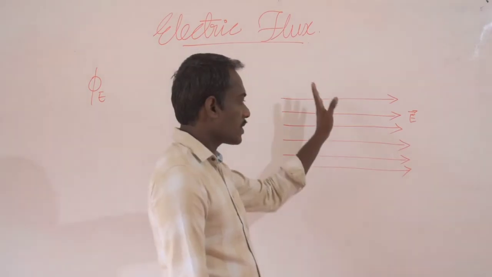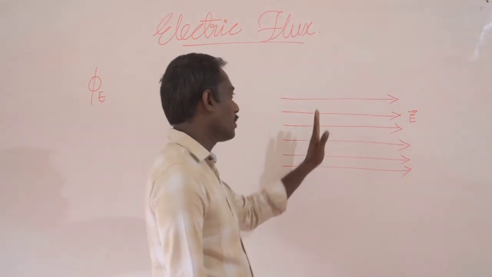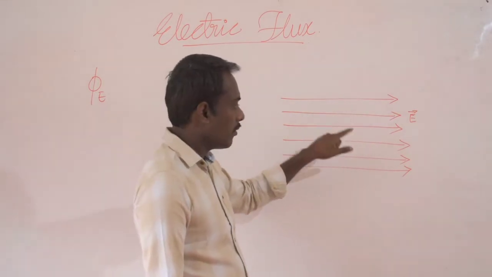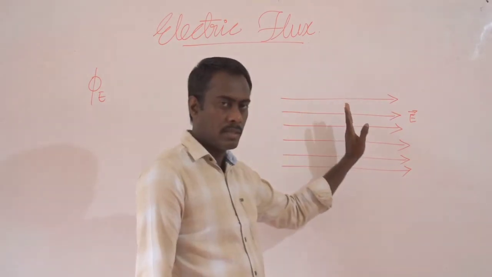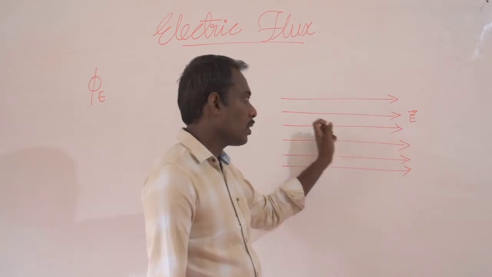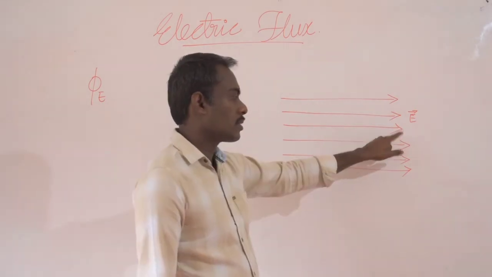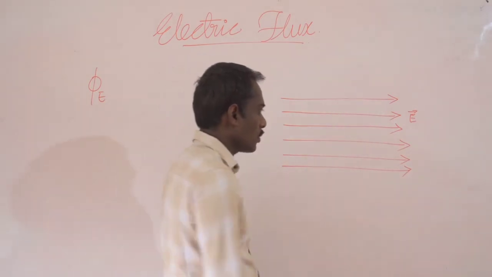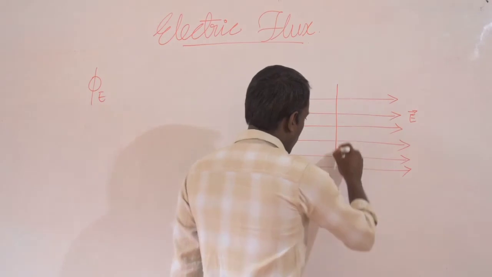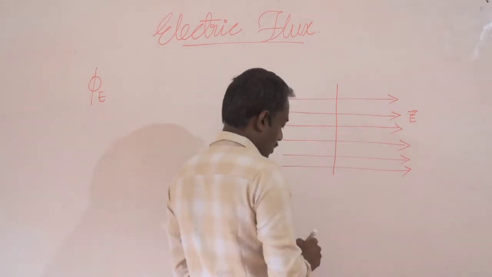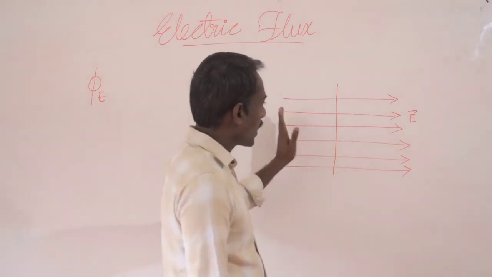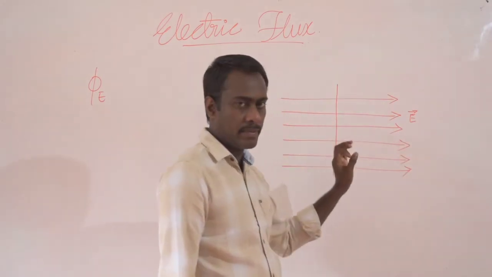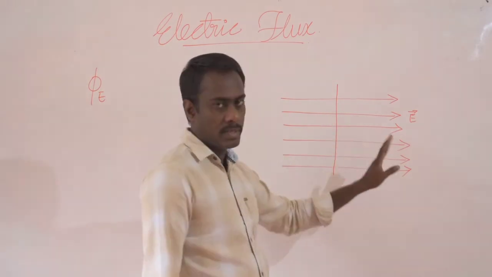When a surface element is placed in this electric field and the area vector of that surface element is normal to the plane of the surface, so here, if this is the surface placed here, the direction of the electric field and the surface are normal to each other.